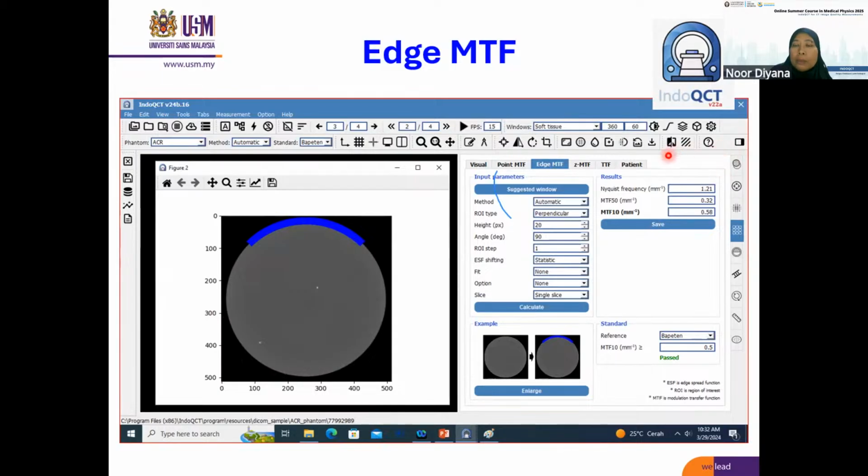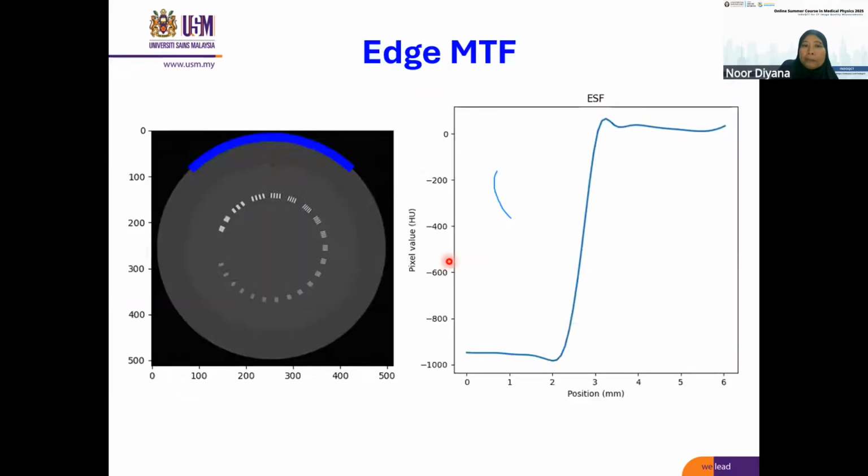Same as PSF, it will give you this value, draw on each of the phantoms, and also give you the graph of PSF automatically calculated for you. So this is using CatPhan.